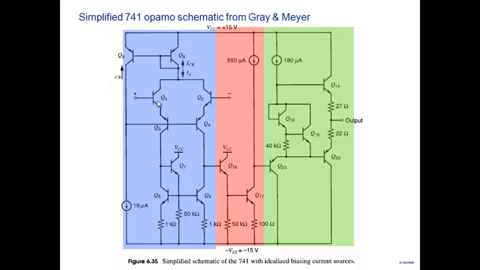Once we learn how to make differential pairs, then we know the differential pairs, common collector, common emitter, and output stage, and we have all the blocks with us. We can connect them up and make an op amp or many different kinds of circuits. These are the major blocks of whether it's an op amp, a multiplier, or a comparator. These are the broad elements of all the analog circuits that we'll see here.